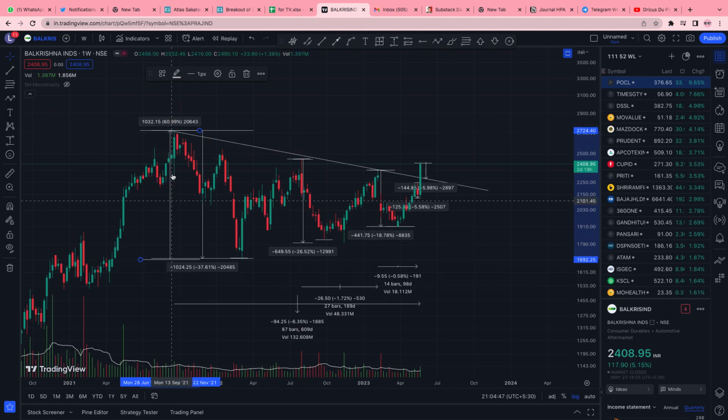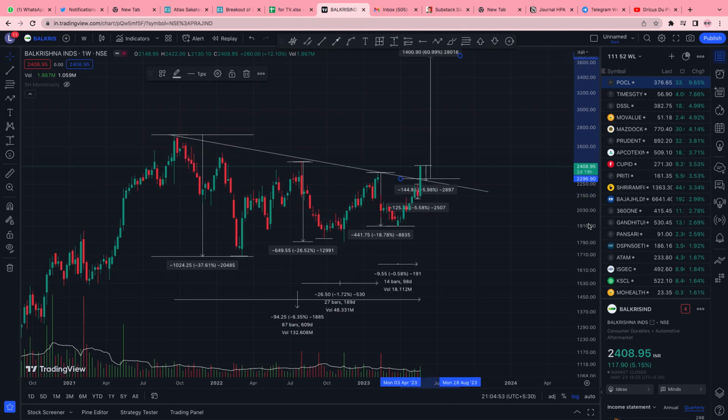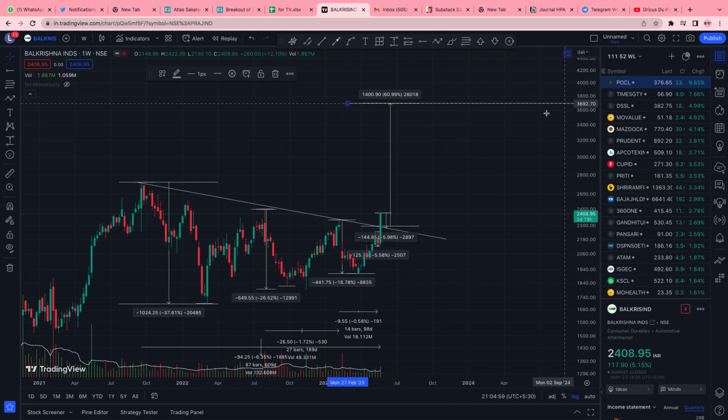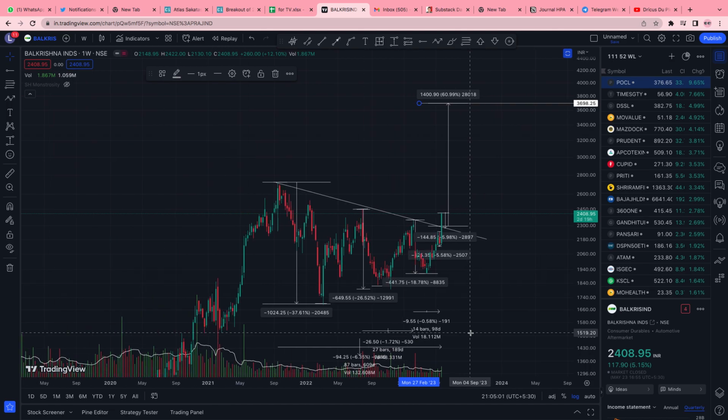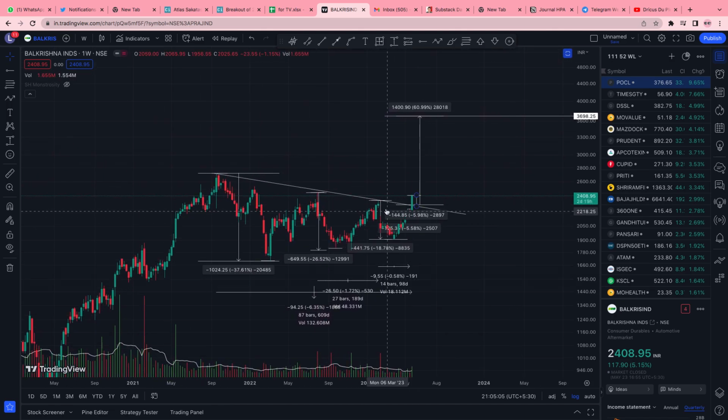This base is about 60%, and if you take this and subtend from here, from the point of breakout, 60% would give you a figure of 3700. So one could easily expect, not easily, but if we are to have a bull run of sorts, one could actually anticipate this kind of a move here in BKT.